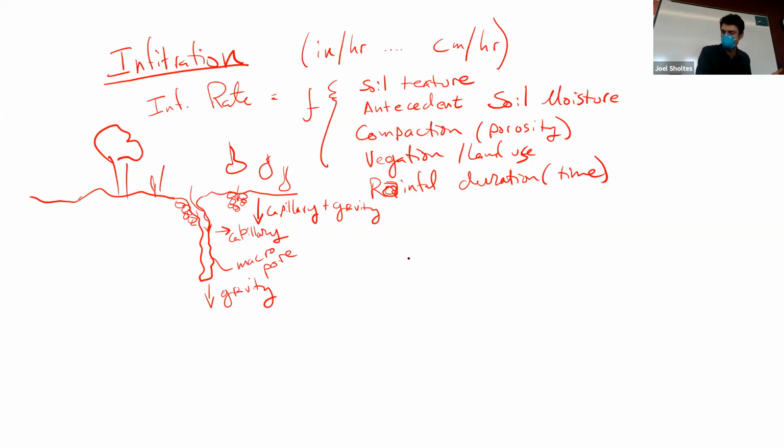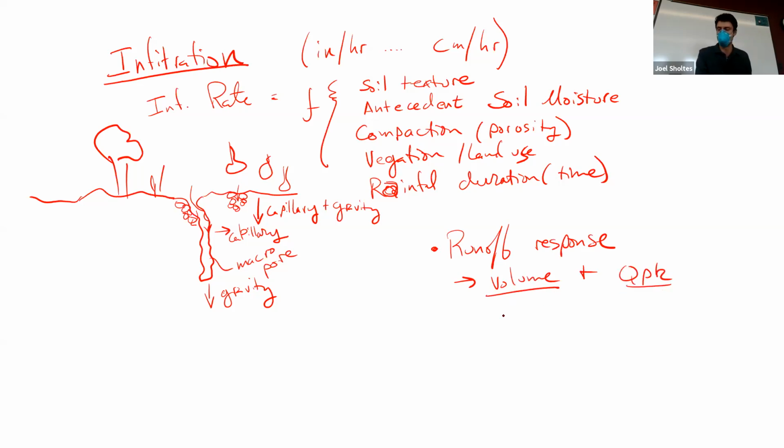So big picture, we care about infiltration because it influences the runoff response. And really what this means is the volume and peak discharge. These are two key design variables that we want to know.